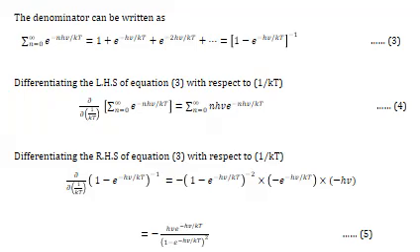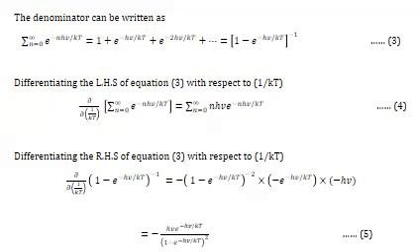Now differentiate this equation with respect to 1 by kT. Differentiating the left side, we get the derivative of the summation of n equals 0 to infinity e power minus nhν by kT. When differentiating e power something, you multiply by the derivative of the exponent, so the value comes like this.